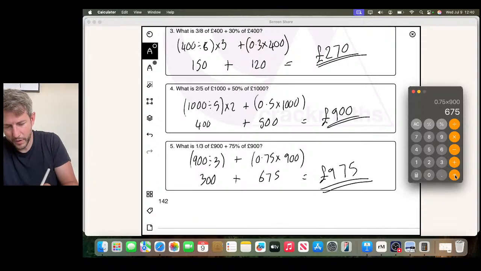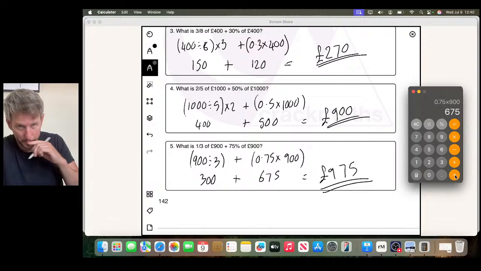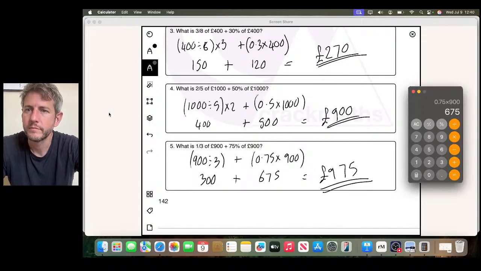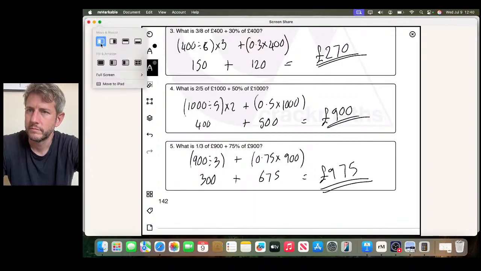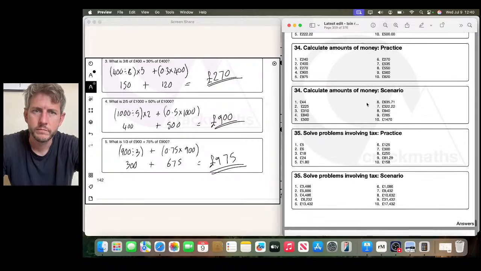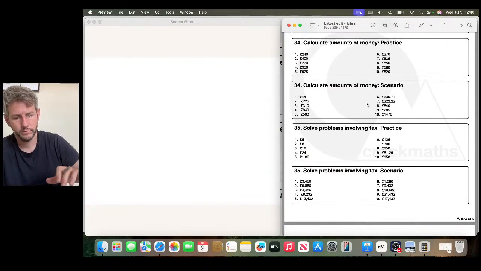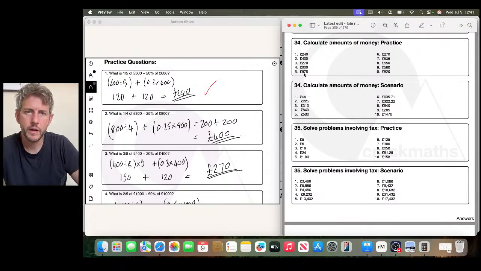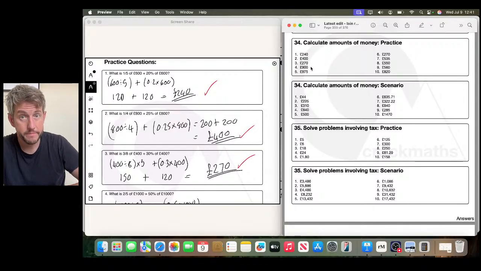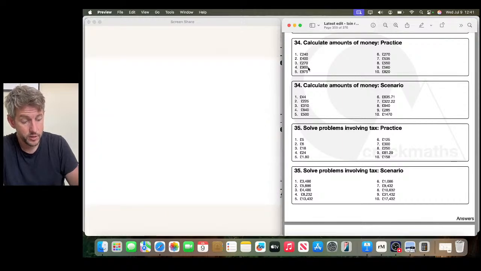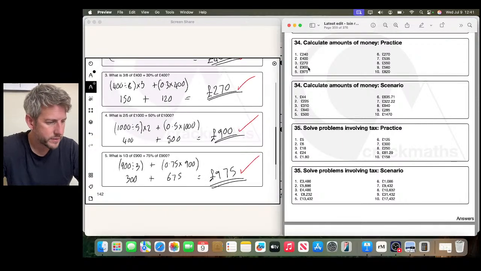Right, let's get these marked to see if these work. 240, yep. 400, yep. 270, yep. 900, yep. And 975, perfect.